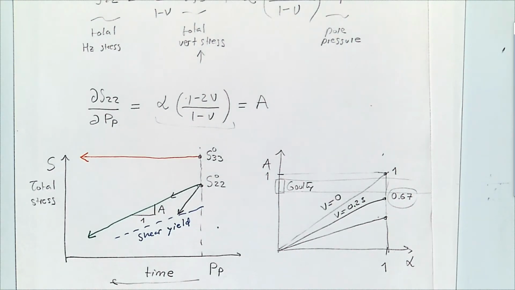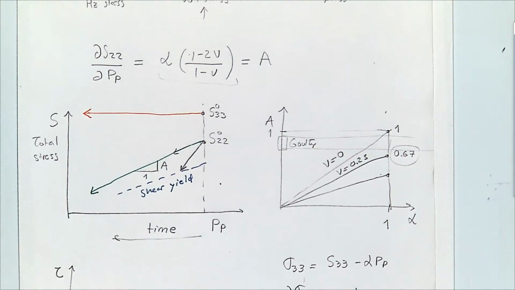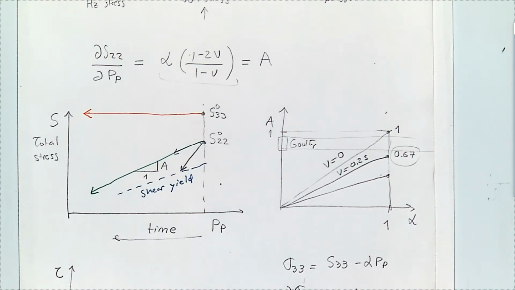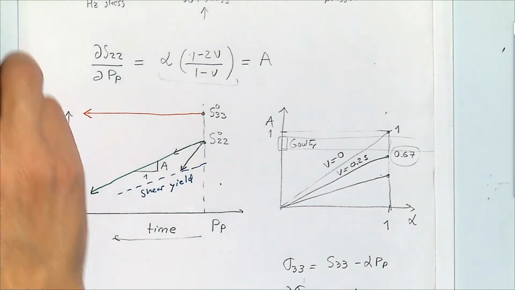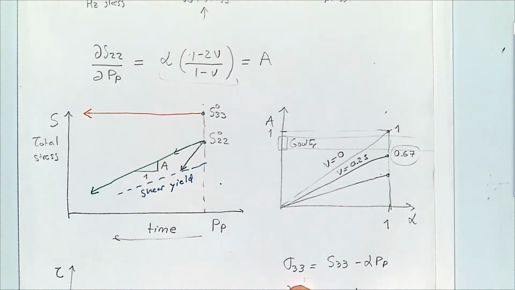Let me check that, okay? But I don't want to get into those equations right now. But what I have in my notes here is that this is going to be equal to alpha minus A, and that's it.